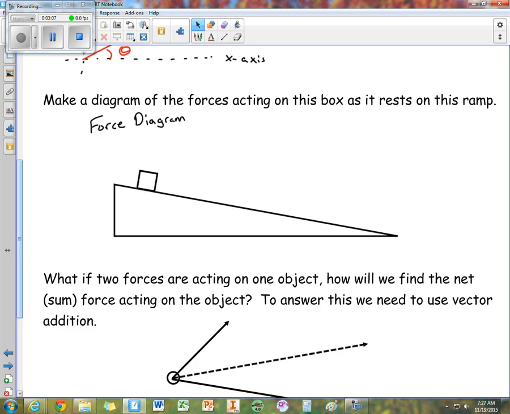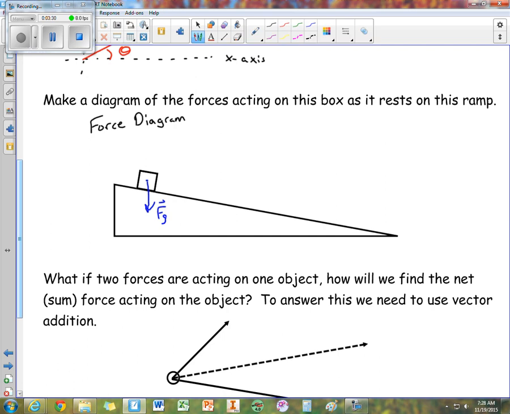When you make a force diagram, you want to make sure that you label the forces where they happen. So the most common force we would have is the force due to gravity. It starts at the center of mass and always points to the center of a planet. So it would be vertically down in this vector.